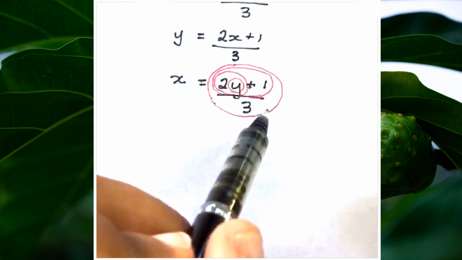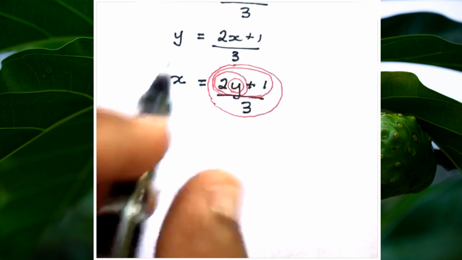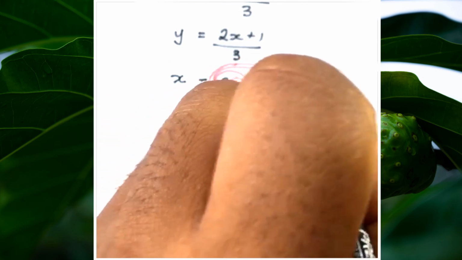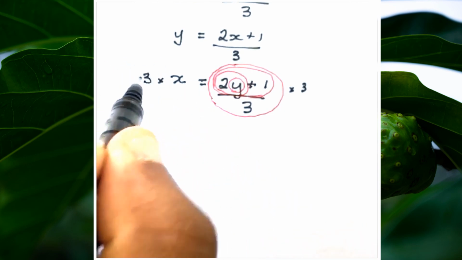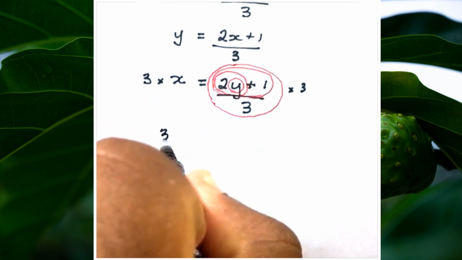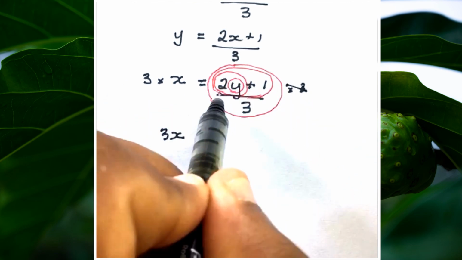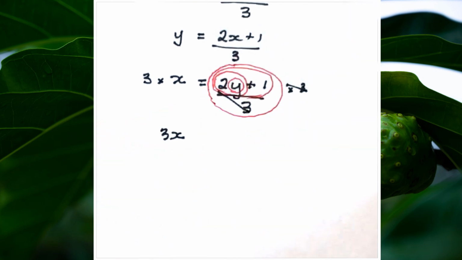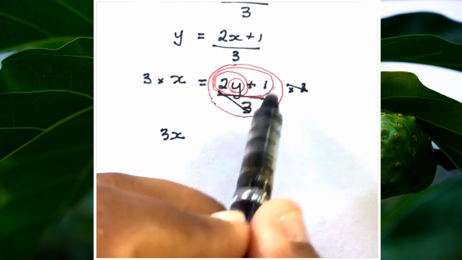So the first thing is this divided by 3. Need the opposite of that. So I'm going to multiply both sides by 3. So the left hand side becomes 3x. And this multiply by 3 cancels this divide by 3 on the right hand side. The next largest circle says the plus 1.